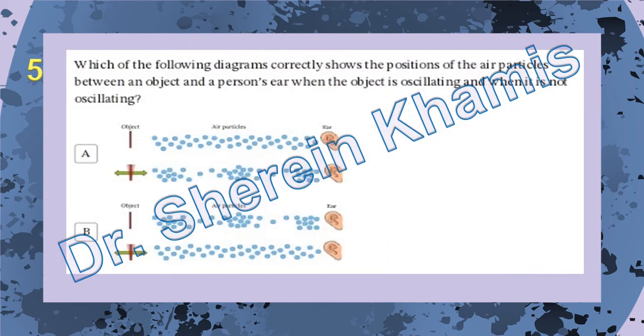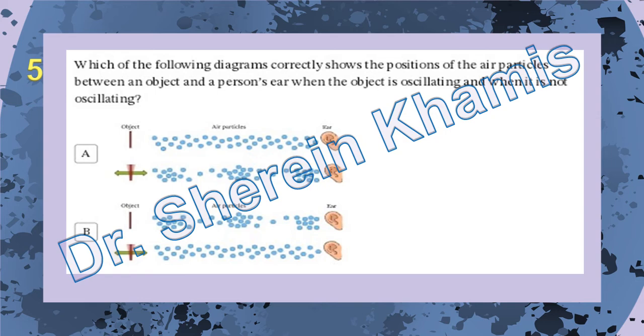Question 5 says: which of the following diagrams correctly shows the positions of the air particles between the object and a person, where the object is oscillating and when it is not oscillating?